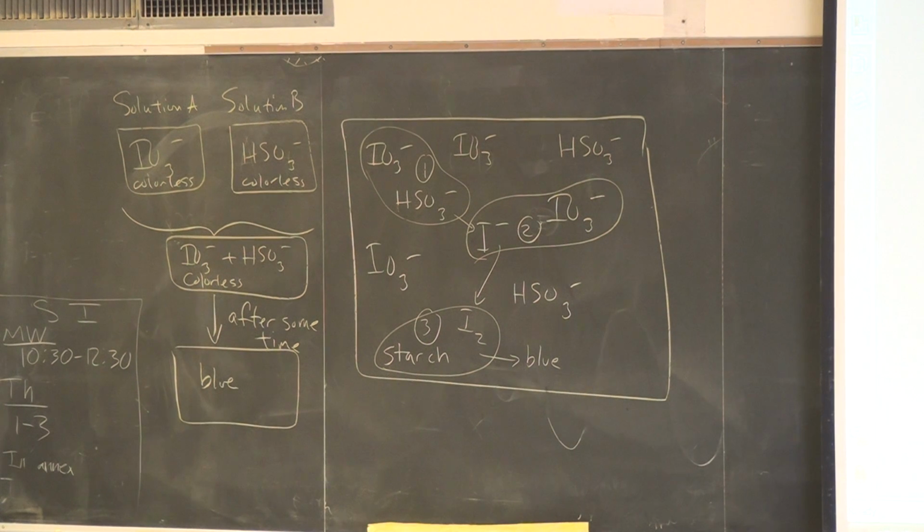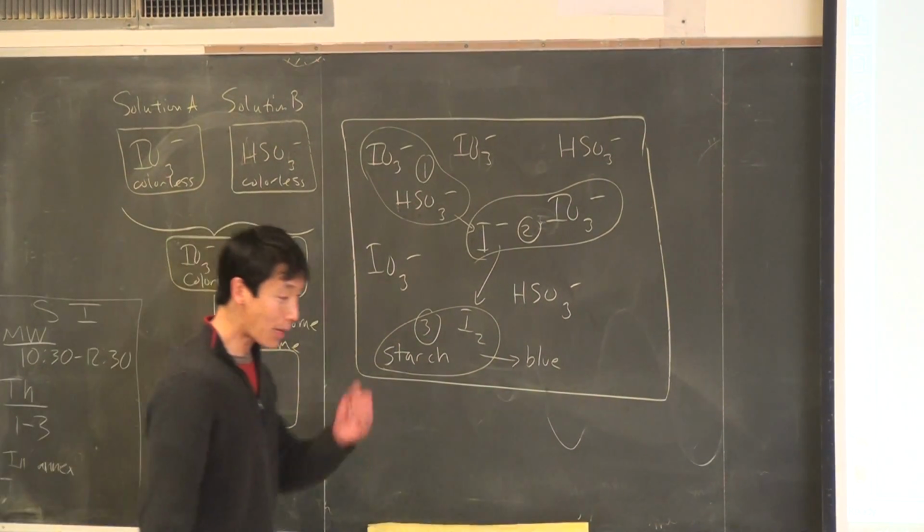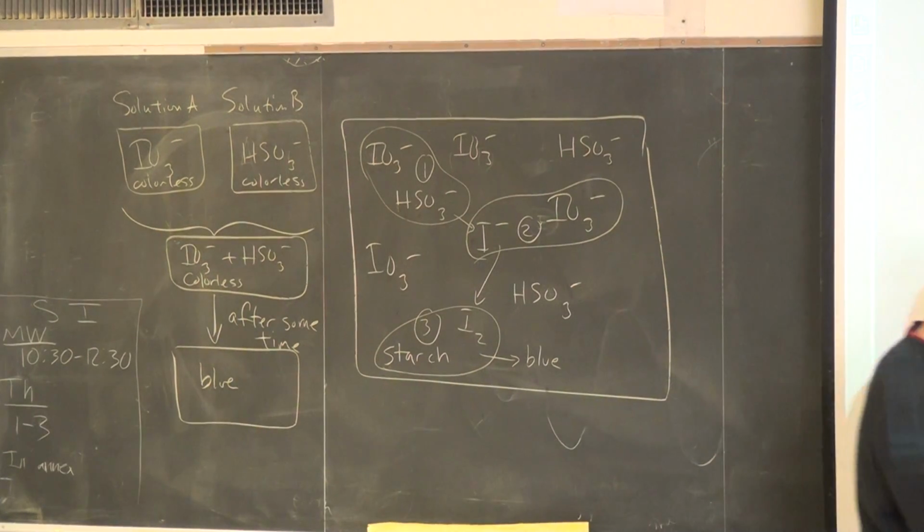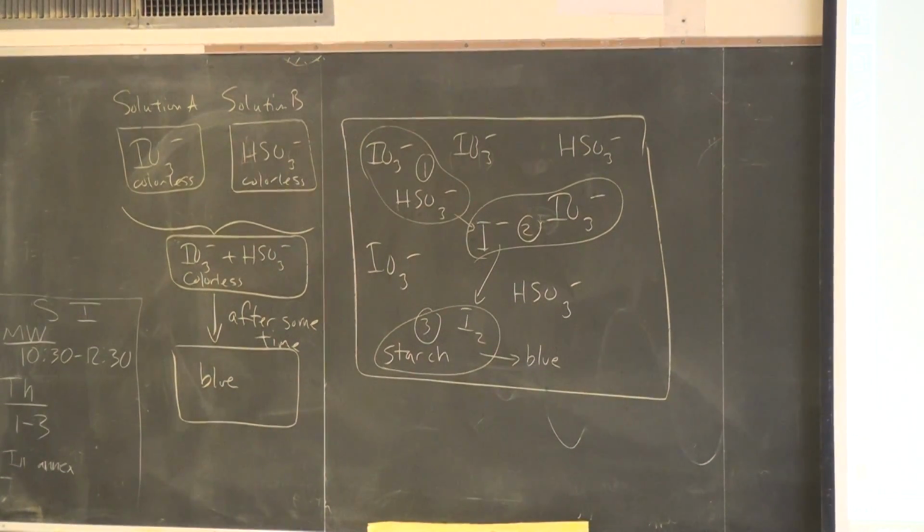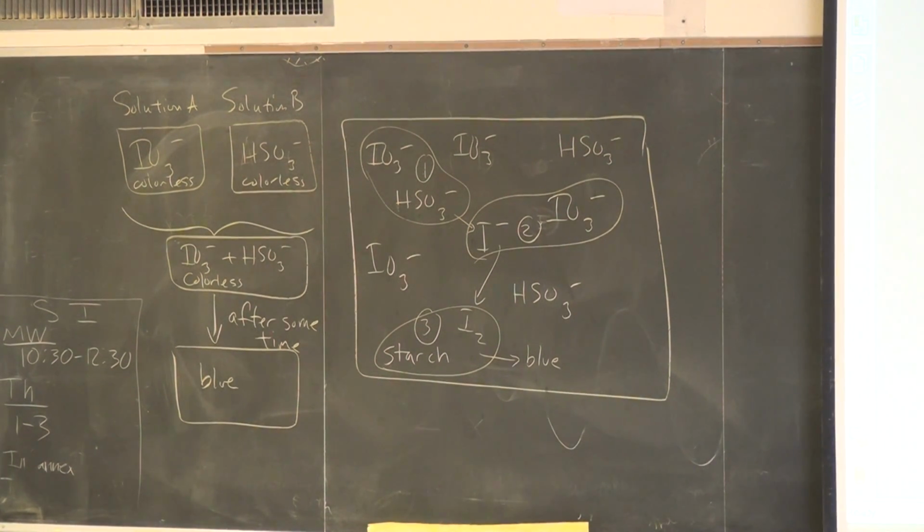So who's going to get it fastest? That's how we can look at these reaction rates. The one that reacts faster will get to the IO3 minus faster. So it's going to be reaction 1 or reaction 2.